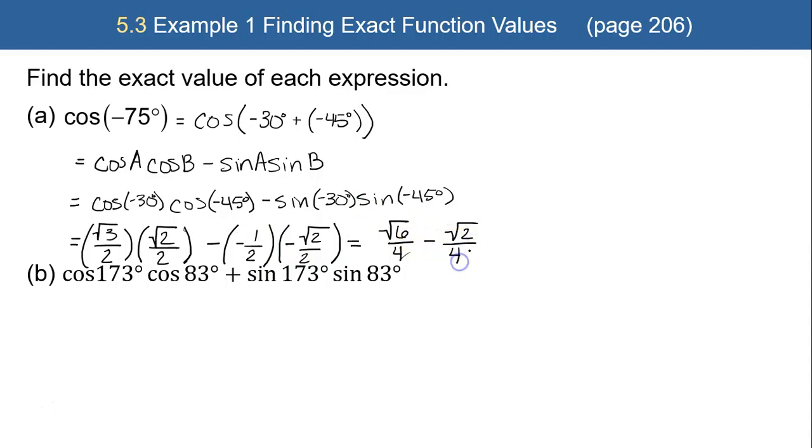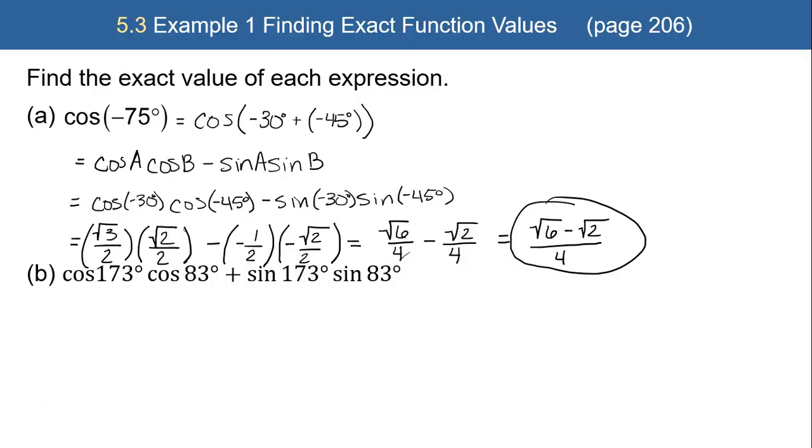And that's over 4. So putting this all together, these have the same denominator, so write your numerator, which is square root of 6 minus square root of 2, all over 4. And that there is the exact answer I am looking for. So we're done on that one.